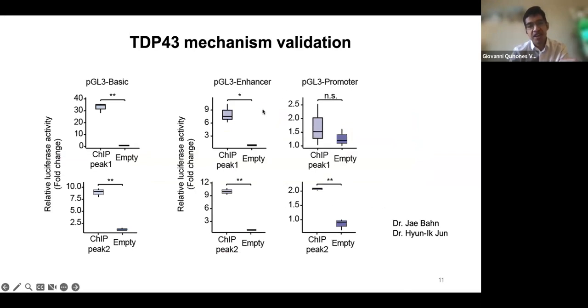And we see that every time we introduce the sequence of the peaks that were identified, we observe increased expression of the reporter gene. So confirming that these regions are in fact affecting the overall expression of the downstream ADAR gene.